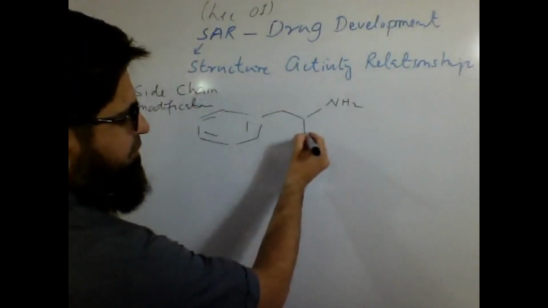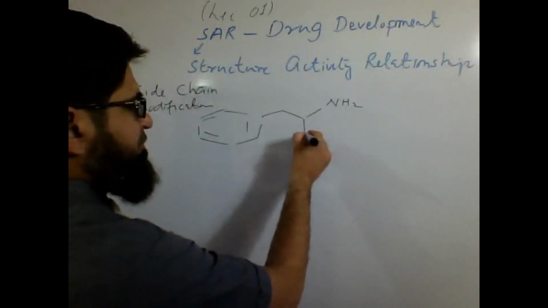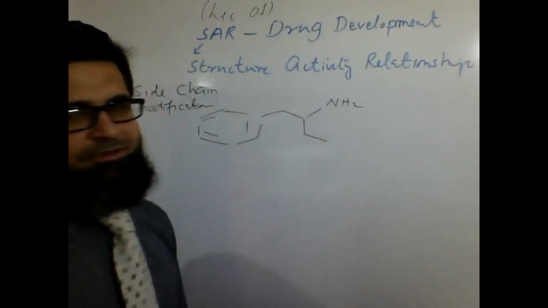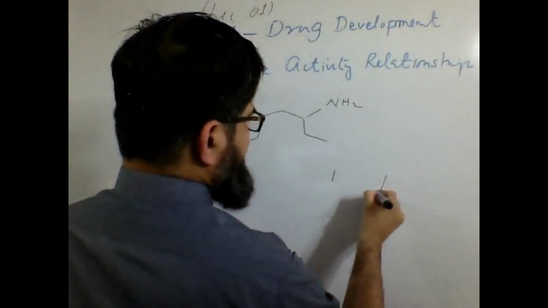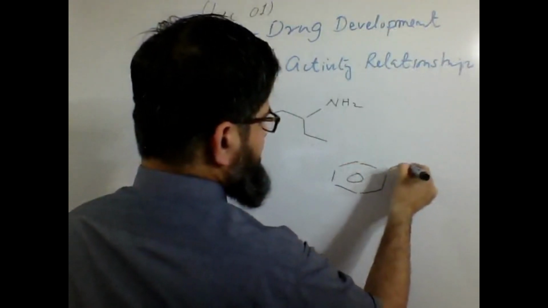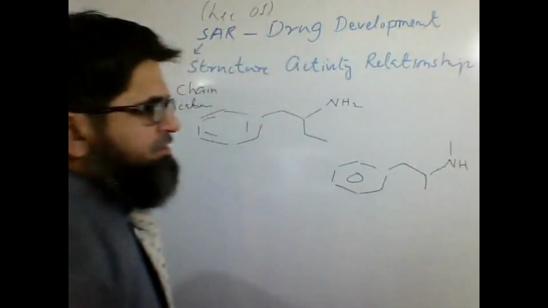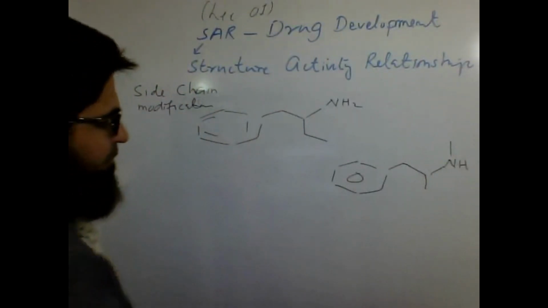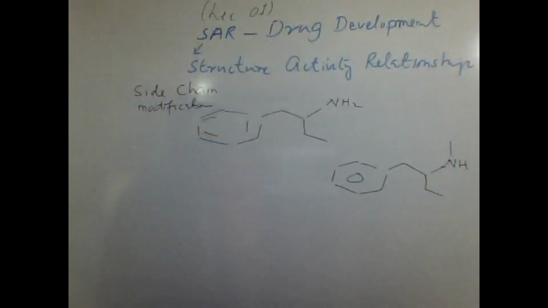This side chain, this methyl group was extended, something like that. An extra methyl group was introduced over here. Okay. Similarly, another amphetamine was prepared over here. An extra methyl group was introduced at amine, at amine functionality. This was also kept in extension. So these two sort of analogs were prepared by somebody.